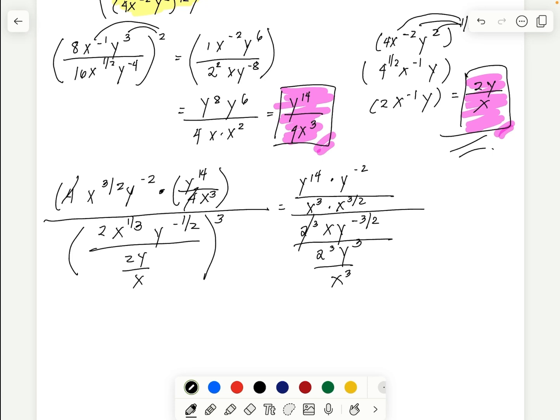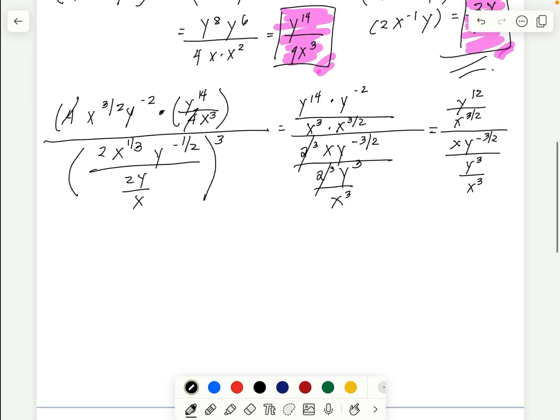So in here, you can already cancel this, right? So this becomes y raised to 12 over x raised to 3 halves over x, y raised to negative 3 halves over y cubed over x cubed.